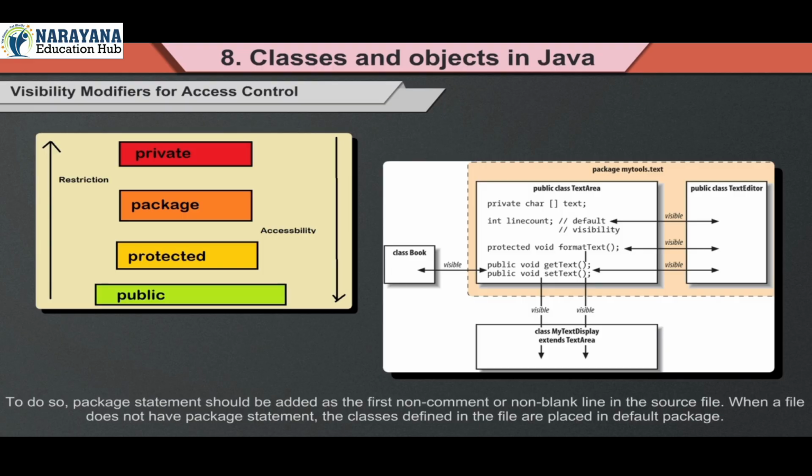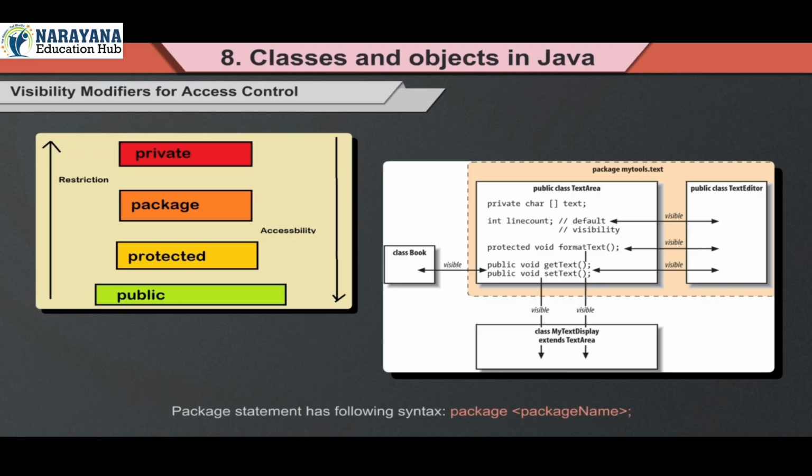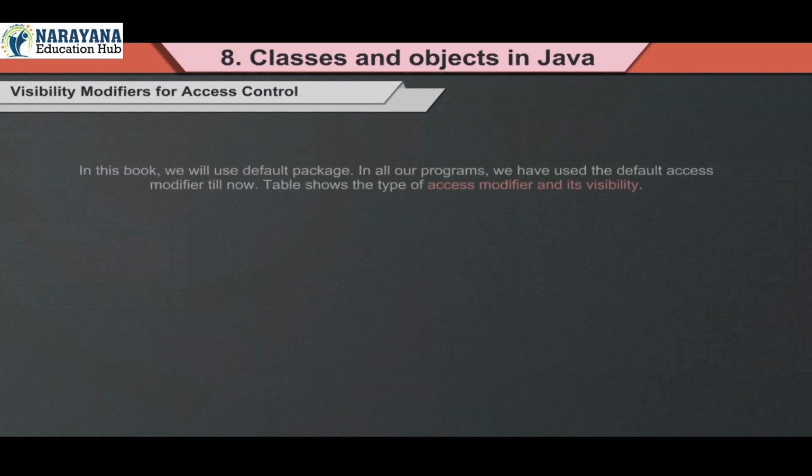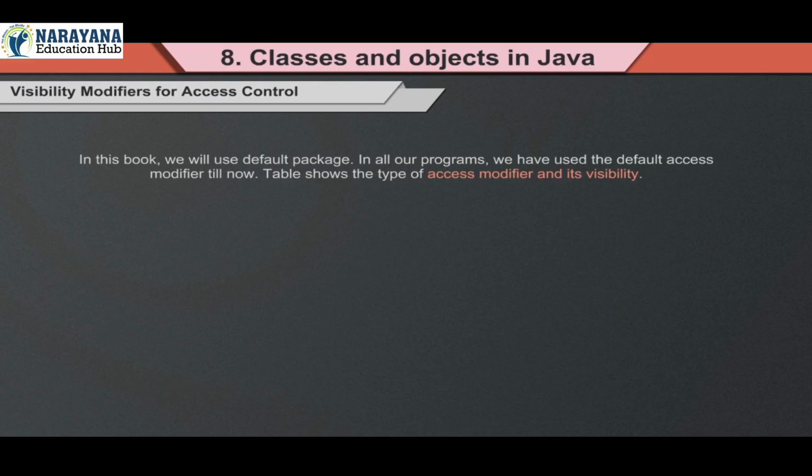When a file does not have package statement, the classes defined in the file are placed in default package. Package statement has following syntax: package <package name>; In this book, we will use default package. In all our programs, we have used the default access modifier till now.